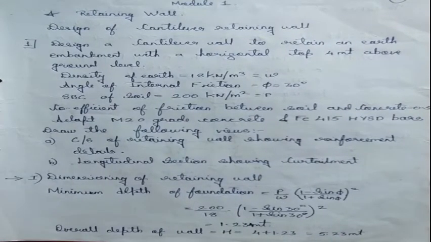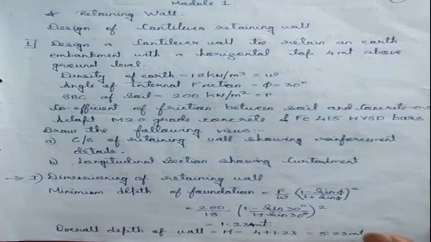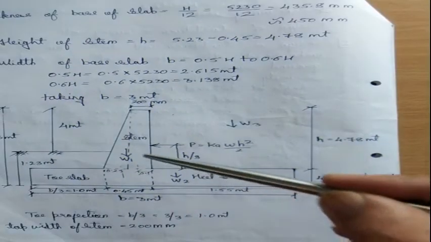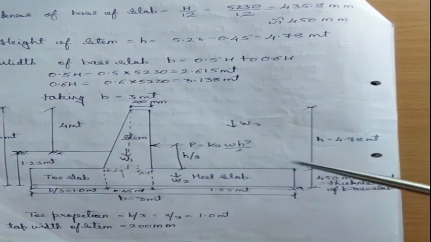There are two types of retaining wall for the design in your subject. One is design of cantilever retaining wall and the other one is design of counterfort retaining wall. Let us have a look at the cross section of a retaining wall. You can see the structure.